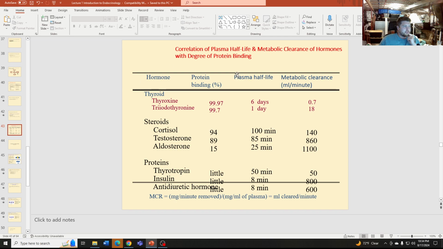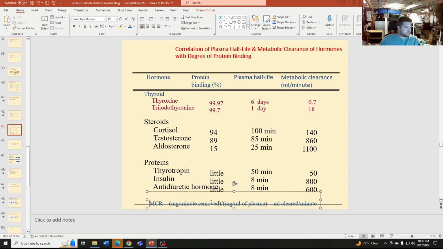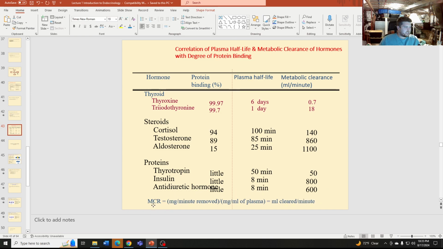Here's just some of the data, kind of what the half-life and the clearance rates are. These are super specific numbers. Again, most of the time, these are not tested on, just because the super nitpicky specificity of these isn't typically what a teacher wants you to know.